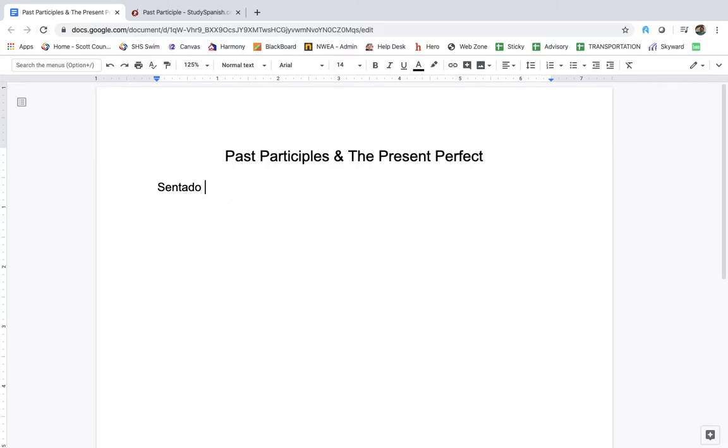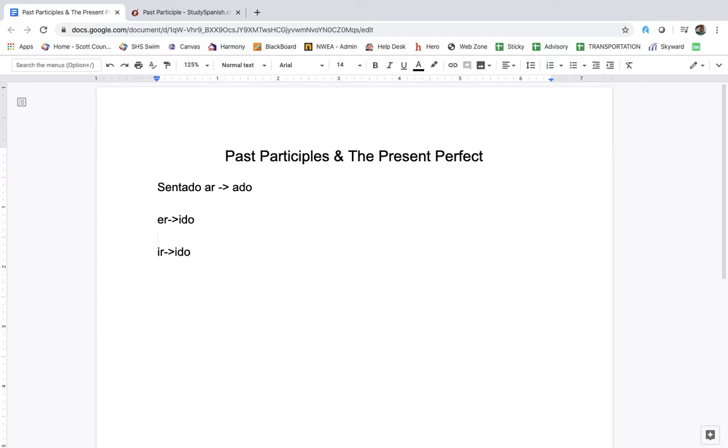So the AR changes to ado. ER changes to ido, and IR changes to ido as well. So sentado came from sentar, and we replace it with ado.